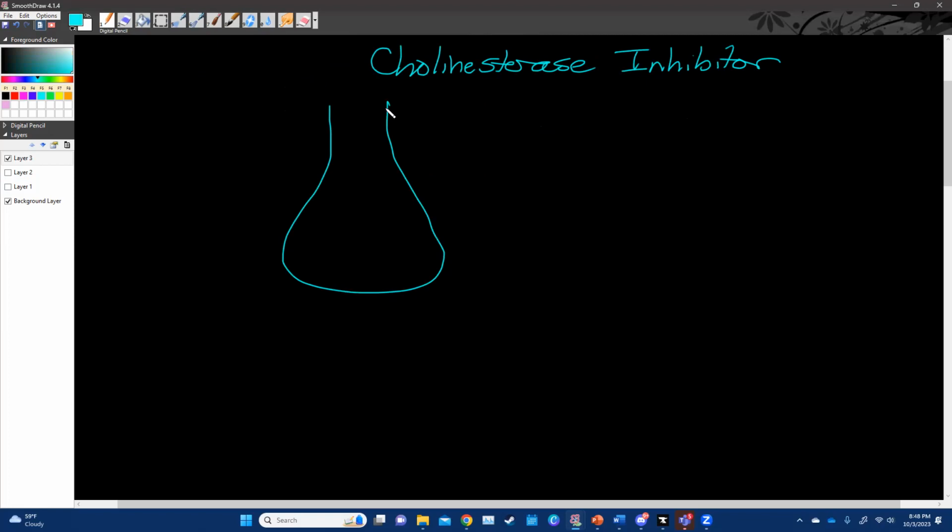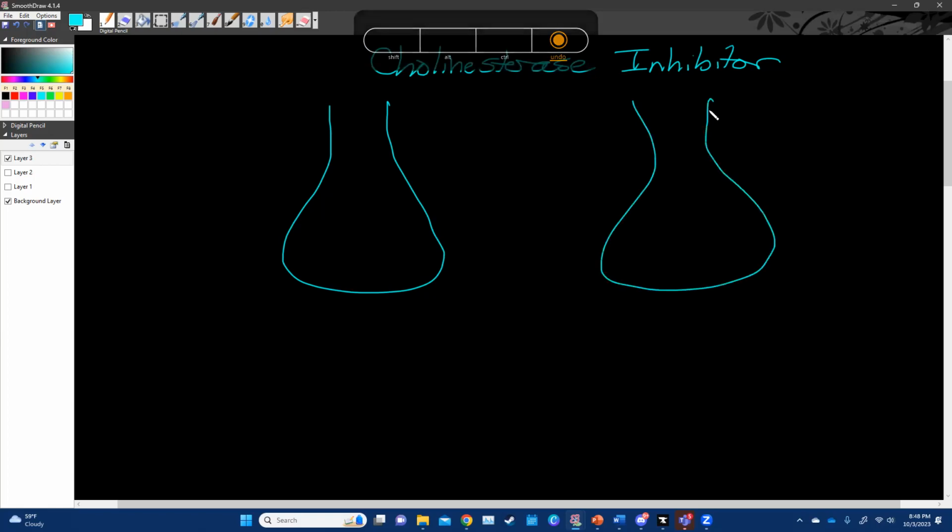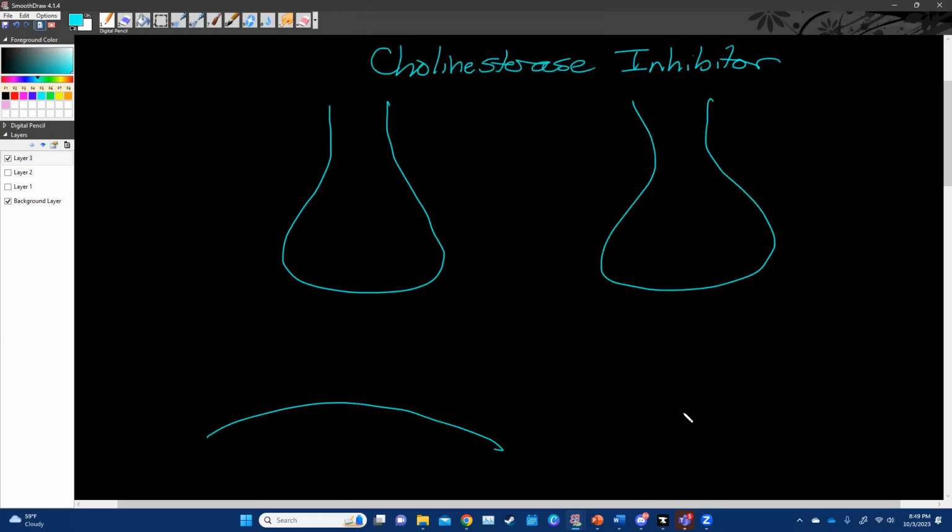In the periphery, we know that we have two different kinds of neurons that release acetylcholine, right?